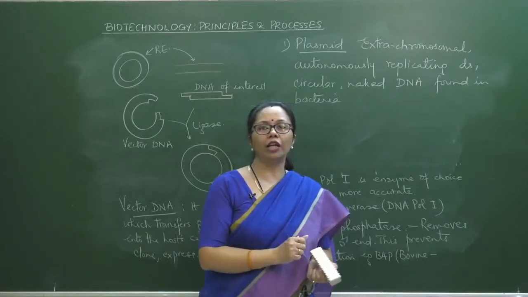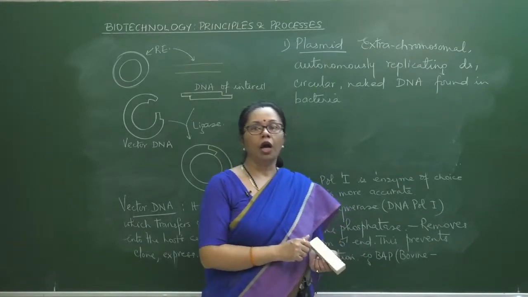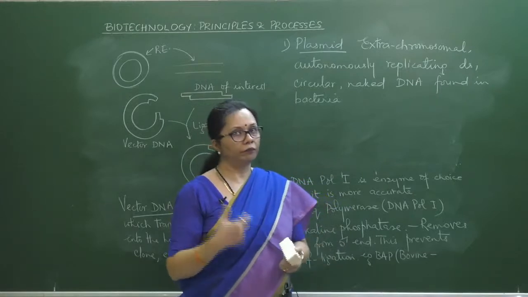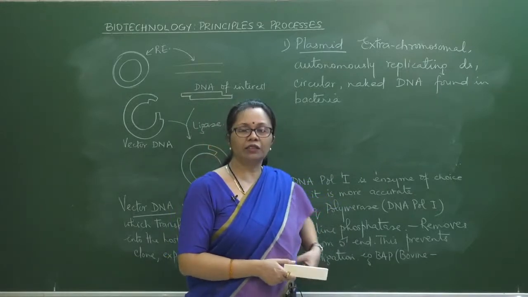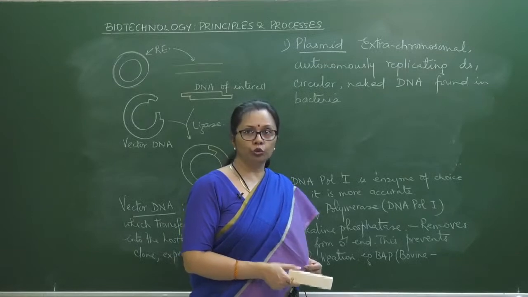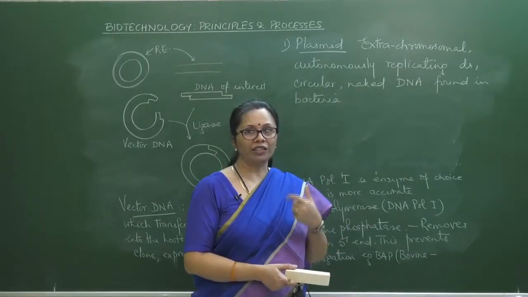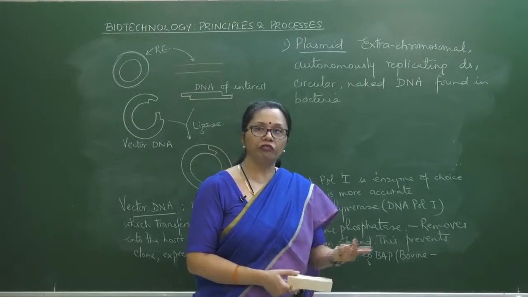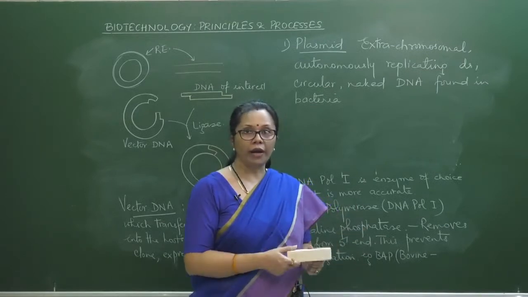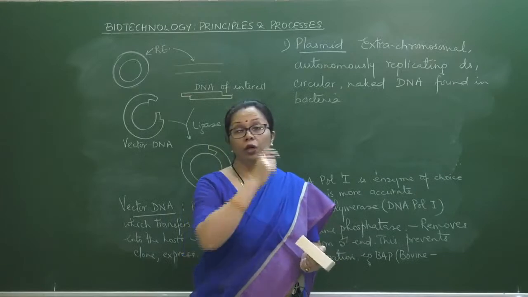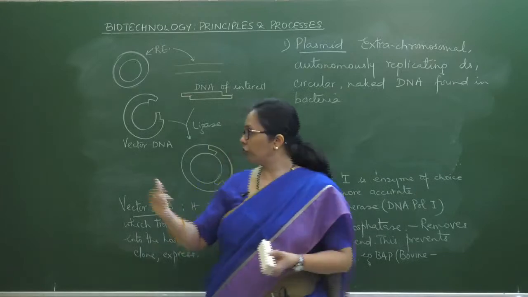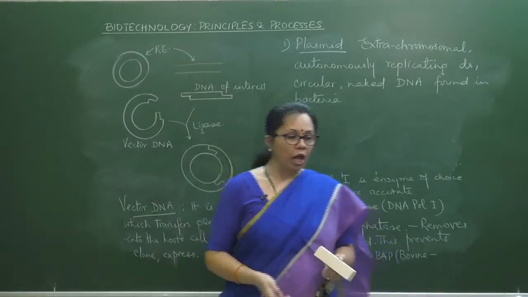Herbert Boyer and Stanley Cohen were working together. Herbert Boyer had learned the use of restriction endonucleases, while Stanley Cohen had extracted plasmids and was able to modify them. So both of them combined their work, and that is how they started creating recombinant DNA.